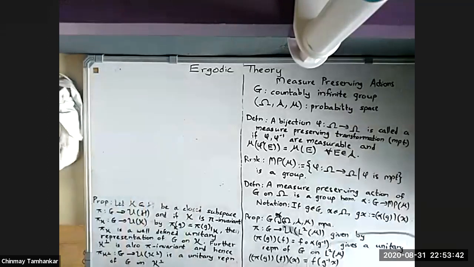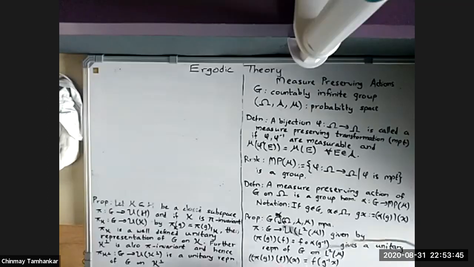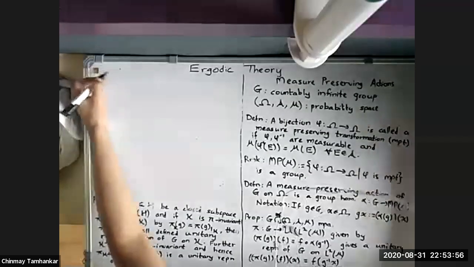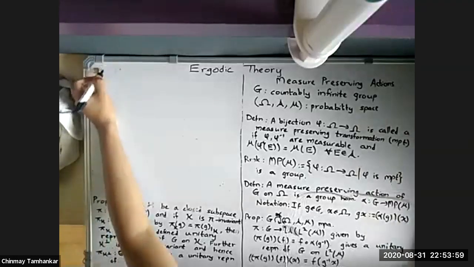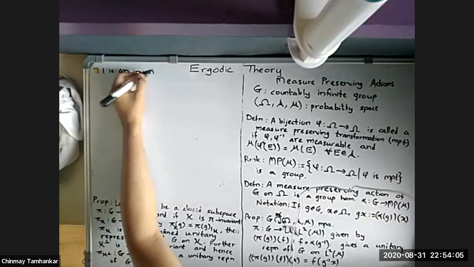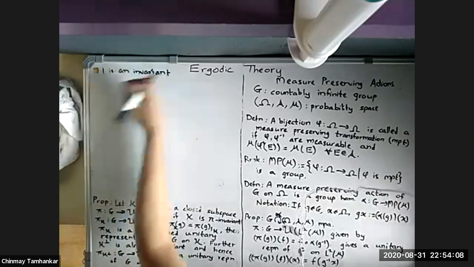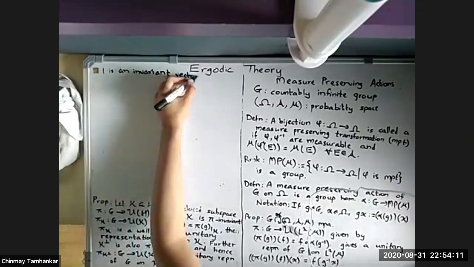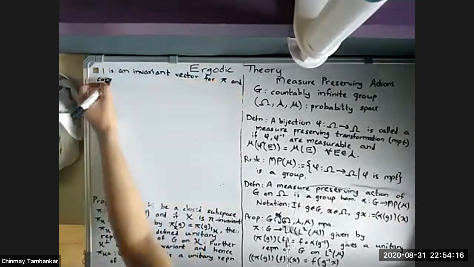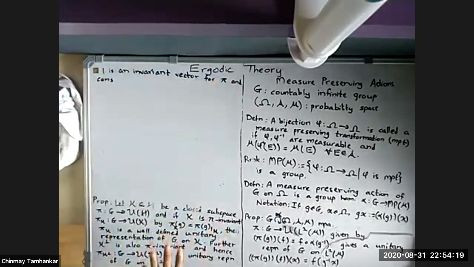That is clear from this formula. If f of x is some constant c, then pi g of f at x is just f of g inverse x, but this is again the constant c. So I'll just state that one, the constant function one, is an invariant vector for pi. And consequently, what we have is, sorry, is this visible? Okay.